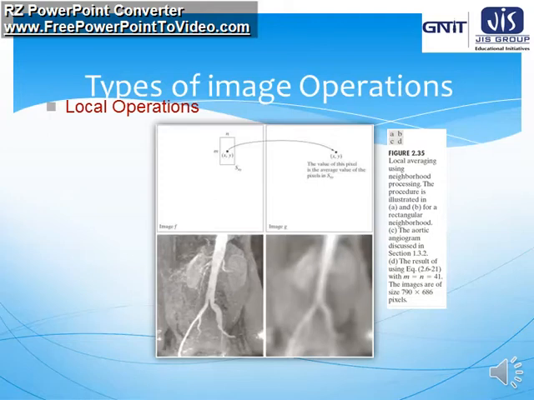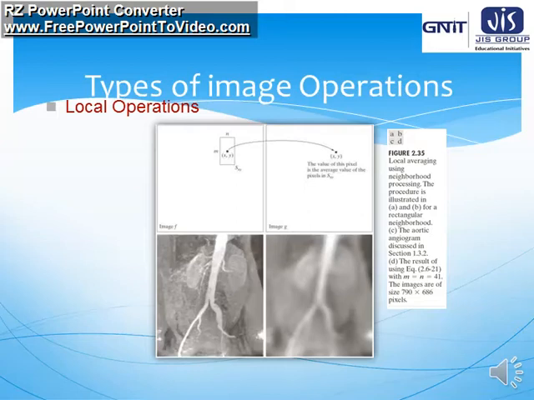This one is the type of operation known as local operation. Here, local averaging using neighborhood processing, we can see the procedure illustrated in figures A and B for a rectangular neighborhood.